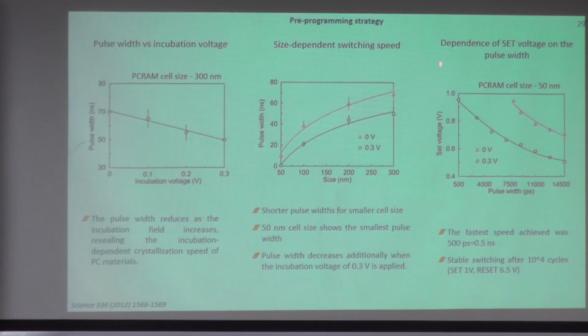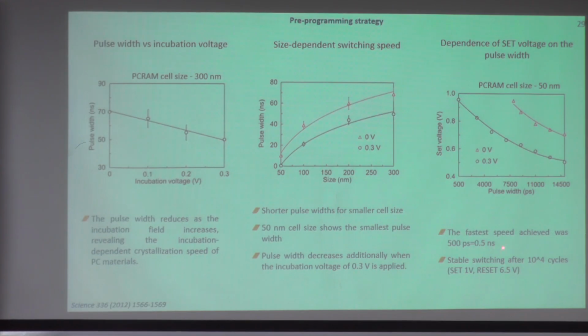If you look at the dependence of the set voltage, we can see that for the pre-structured cell we need much more set voltage compared to the non-pre-structured cells. So here it's possible to achieve a crystallization speed in the range of 500 picoseconds.